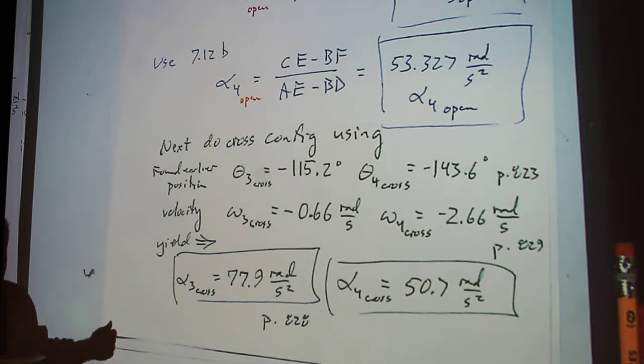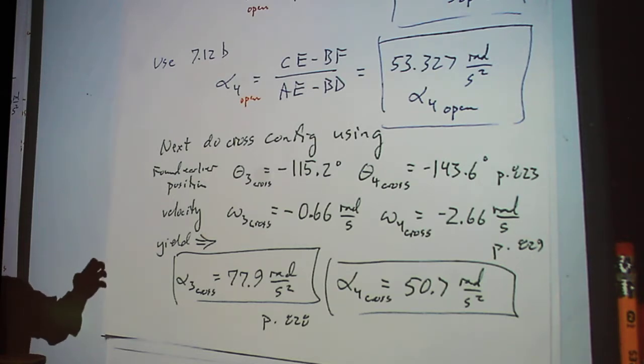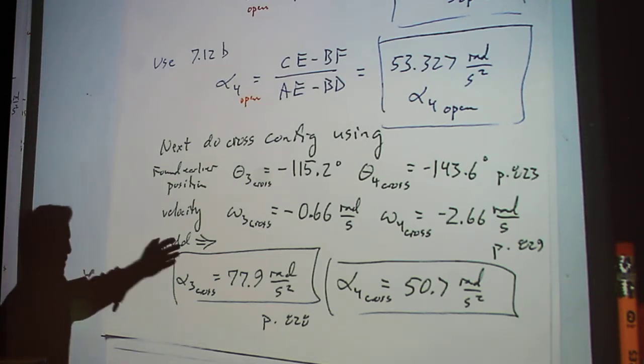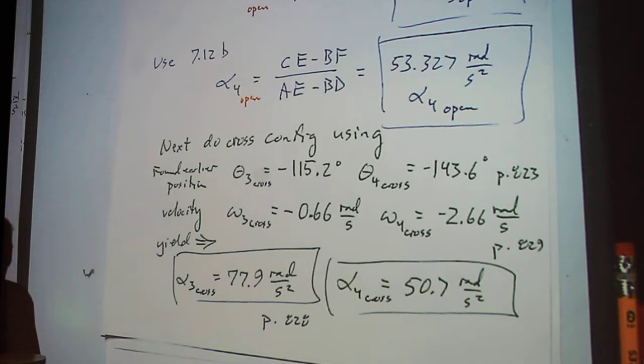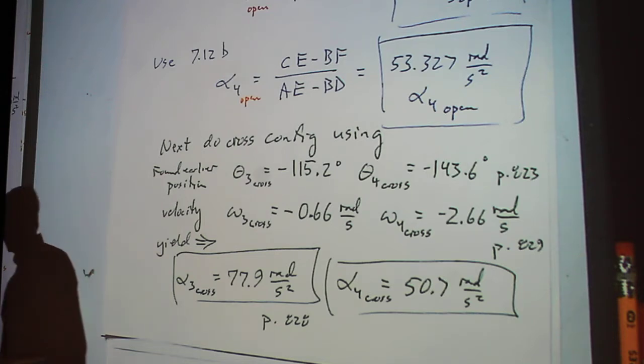And the reason why is because of my omega 2 value as it's spinning going towards the center, so there's an acceleration component there, which is transferred to link 3 and link 4. So just because your alpha 2 value is 0 does not necessarily mean that your alpha 3 and alpha 4 is 0. Okay? Because of the centripetal acceleration.